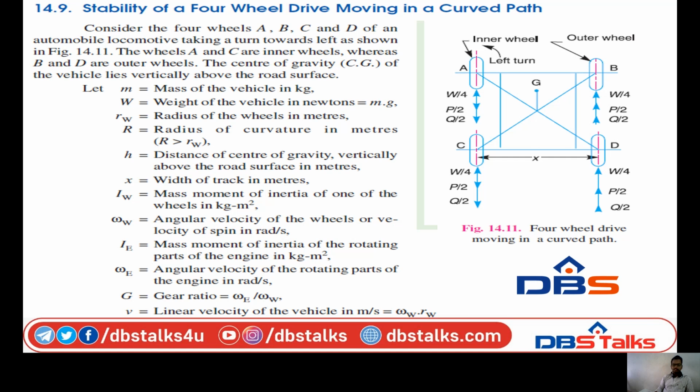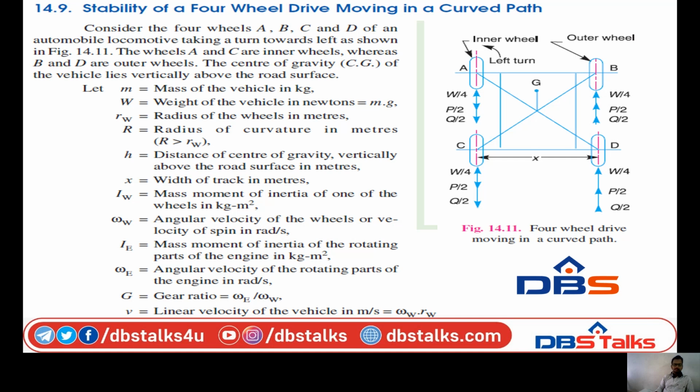The main things we need to remember: the gap between the front two wheels is x, the four wheels of a vehicle are of equal radius, and the radius of curvature should always be greater than the radius of the wheels.